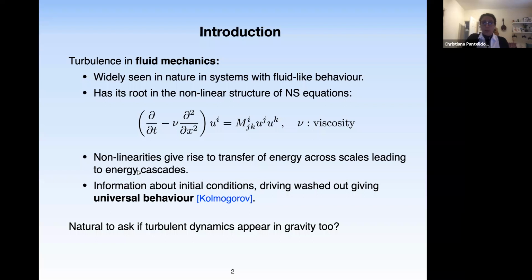Because of these energy cascades, all the information of how we entered this turbulent regime to begin with, for example certain details about the initial conditions or details about the force that we're using to drive the system, are completely erased. What one is left with is some universal behavior in the sense of some power laws.